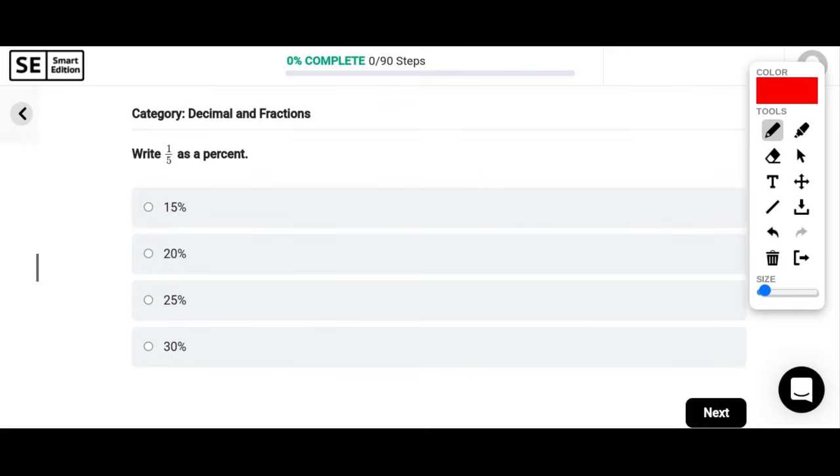Step number 1 is to set up that part over whole equals percent over 100 ratio that we used before. In this case, the part and whole are already given to you in the fraction. So 1/5 is equal to percent over 100.